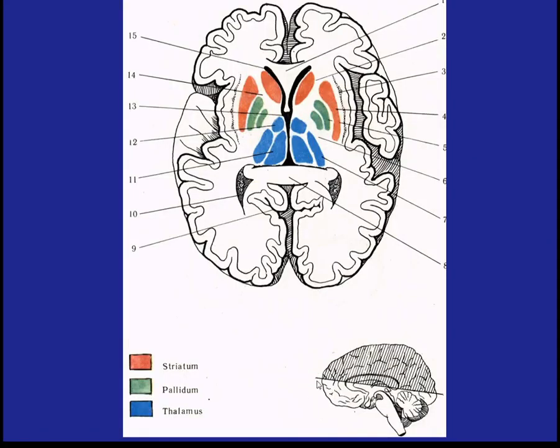This is the line of cut, and then we turn the picture, and now we can see the subcortical area in blue color. This is the thalamus, only for coordination, the somatosensory center, and striatum and pallidum structures. What are they?